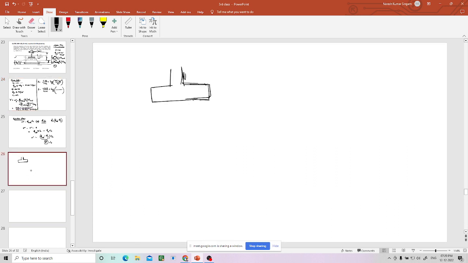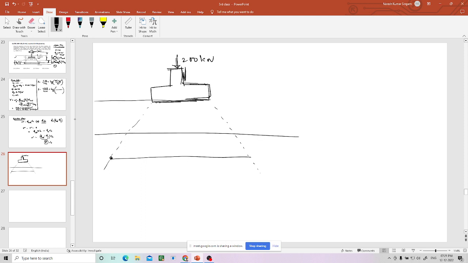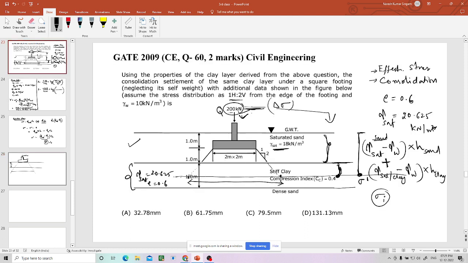Okay. So now we will calculate the extra stress which is coming due to this 200 kilonewton. Okay. So it is distributed over wider area. Okay. So there is a sand below whose height is 2 meters. Okay, just a minute. Acha, acha. It is located here.